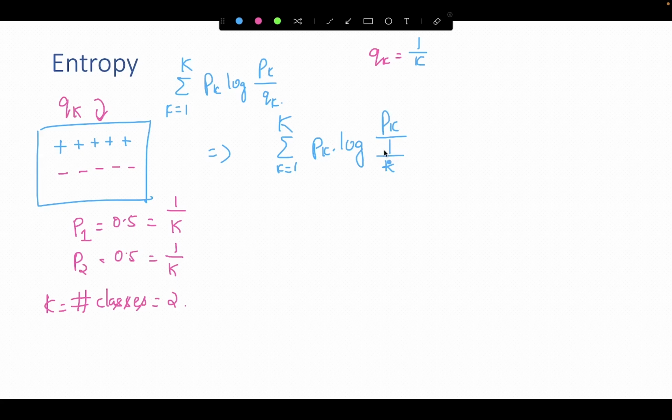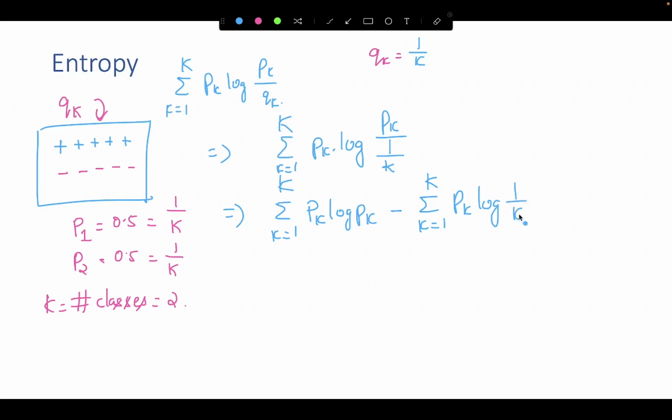Okay. So log a by b can be written as log a minus log b, as we have already learned. So let me rewrite this whole term as summation of k is equal to 1 to capital K, P sub k log P sub k, minus summation of small k is equal to 1 to capital K, P sub k log 1 by k.